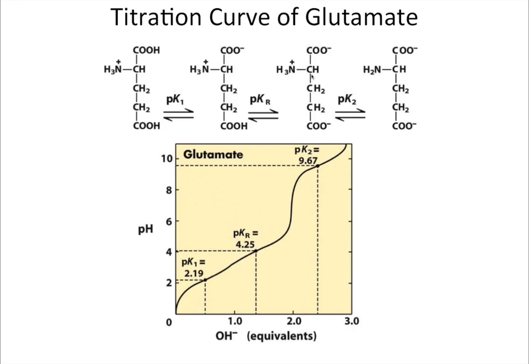You'll have the transformation from this protonated amine group to a deprotonated amino group. So now we're in the fully deprotonated form, shown here on the right, and the pKa associated with removing the proton from this nitrogen is 9.67.